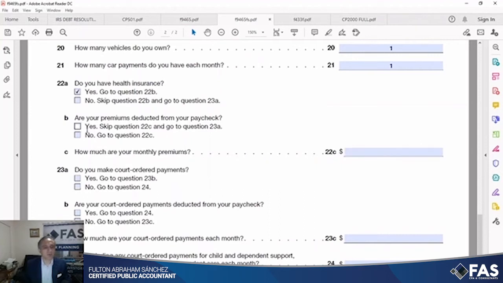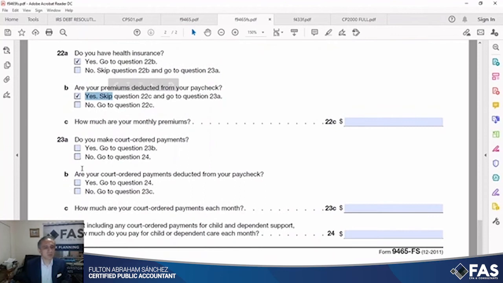If you have no insurance from an employer and you pay by yourself, then you put no, and in line 22C you put how much you pay. So I'm going to put yes. Skip question 22C and go to question 23.